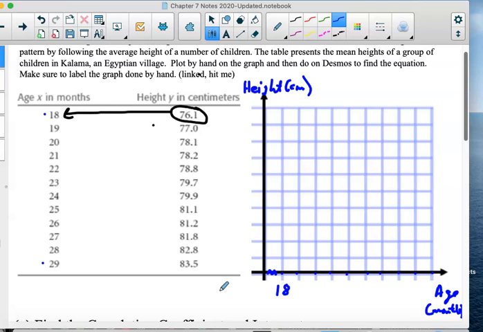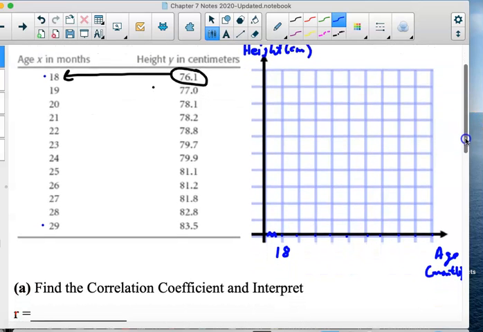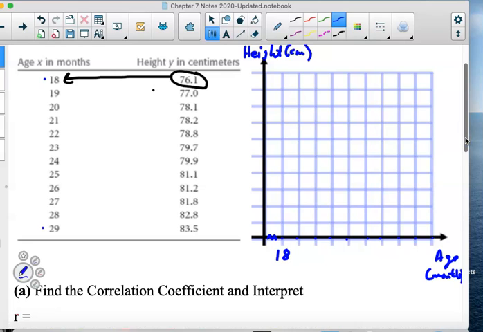And then each line is going to be a month, I should really say. But I'm only going to go every other one. So this one would be 20, and then 22, 24, 26, and then out here is 28, and out here is 29. So we're going to be off the graph just a little bit, but only for 2 points.